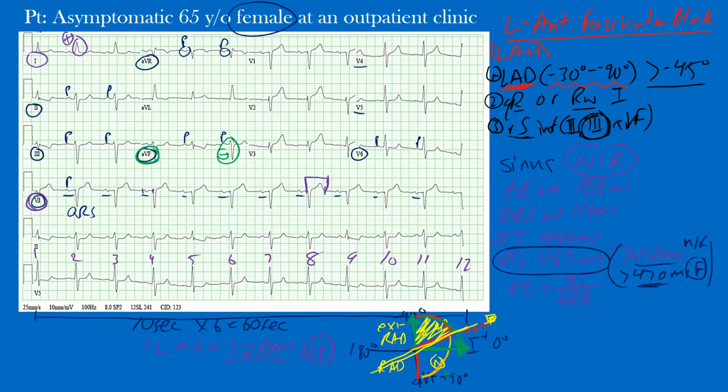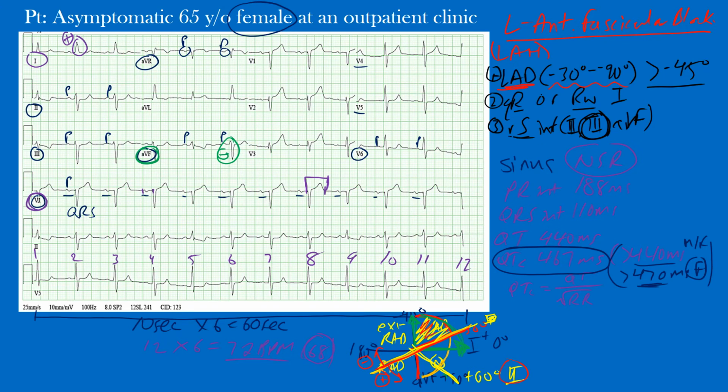Lead 2 is down here, and lead 2 sits at positive 60 degrees. The line perpendicular to lead 2 is this one that lies along that negative 30 degrees. So we take this line. If it's positive in lead 2, we're going to be on this side. If lead 2 is negative, we'll be on this side, and that will put us in this region.